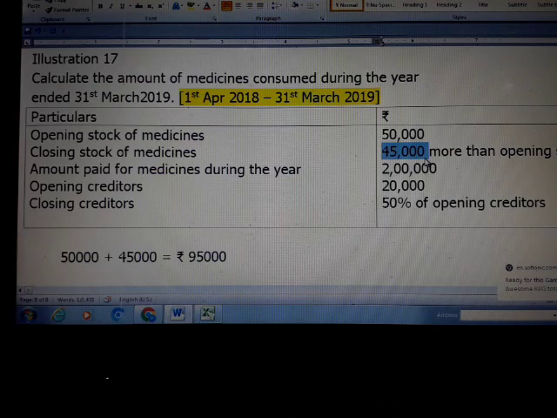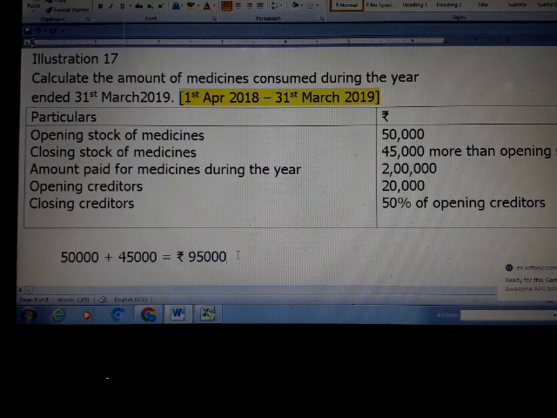It is 45,000 more than your opening stock, which is 50,000. If you add 45,000, you will get 95,000. So 95,000 rupees is the amount you have to take for calculation. Am I making sense to you, students?